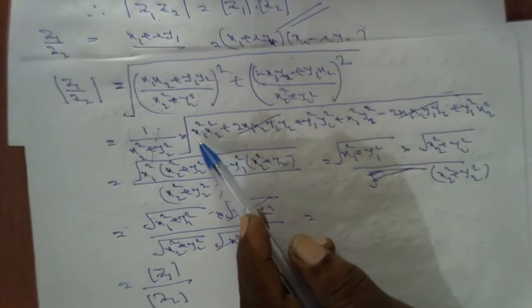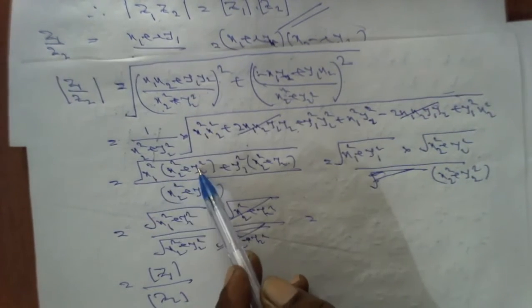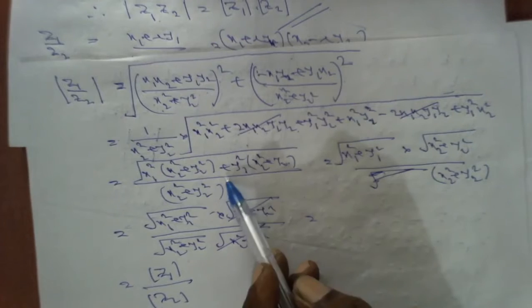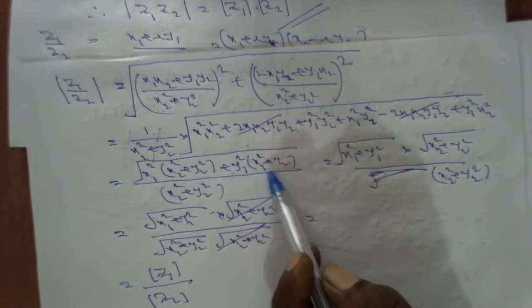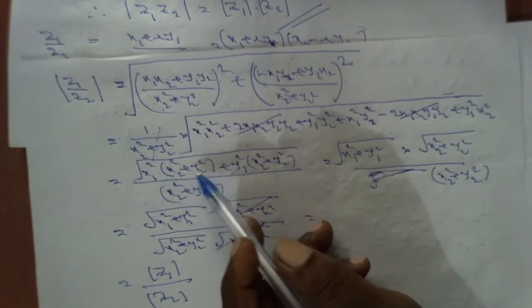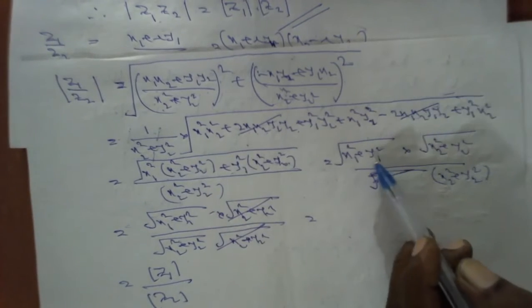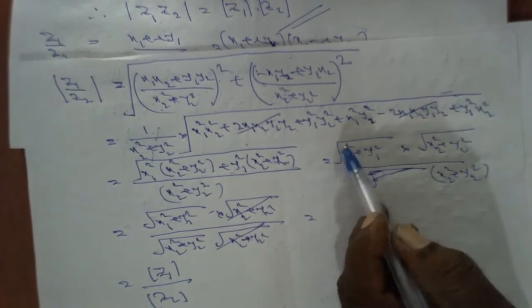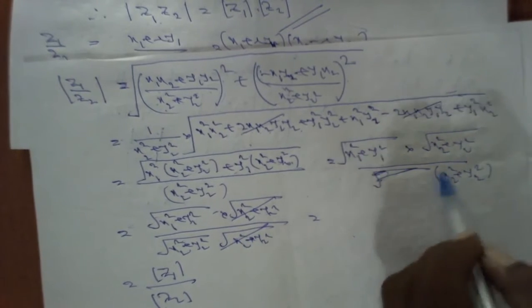Thereafter you factorize, take x1 squared out, then x2 squared plus y2 squared, then take y1 squared out, x2 squared plus y2 squared. Then again take x2 squared plus y2 squared out, you get like this. Then apply square root separately, you get like this.